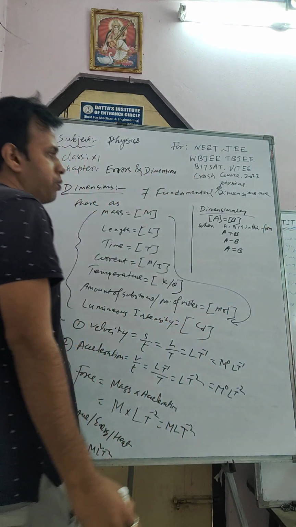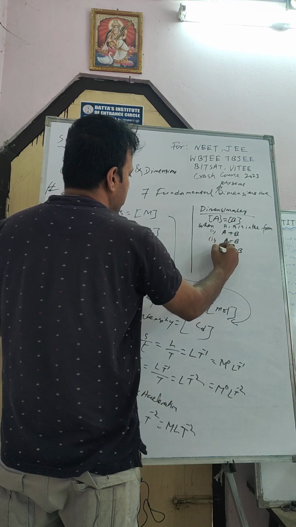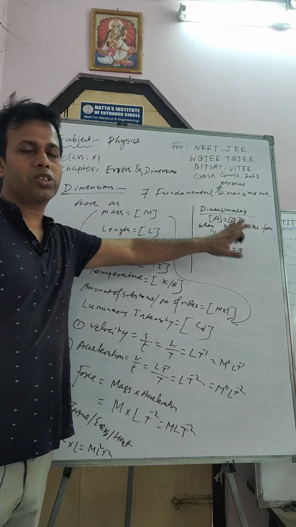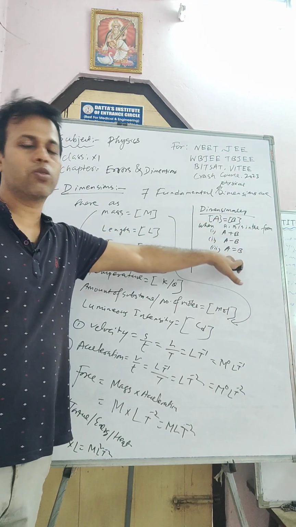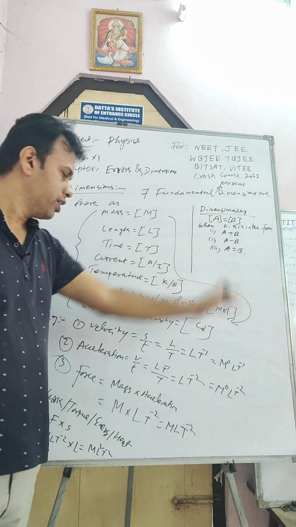Number 1 is A plus B, number 2 is A minus B and number 3 is A equal to B. In these 3 cases, the dimensions of the 2 physical quantities are always equal. It may be plus, minus, or equal. So you have to remember this one.